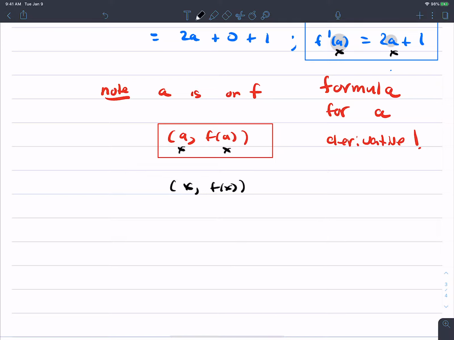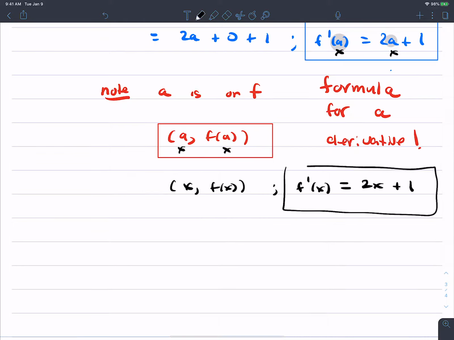We're used to seeing x as our input variable, and y, which is f of x, is the output. And so if we're given a function in terms of the variable x, we often give the derivative in terms of the variable x. So this is something that we transition to.